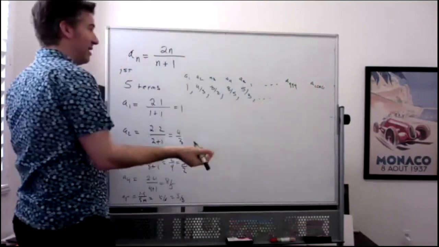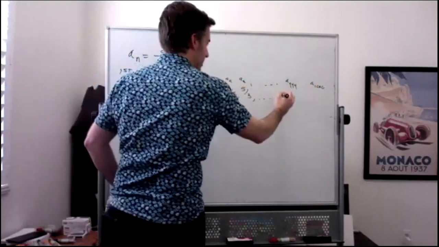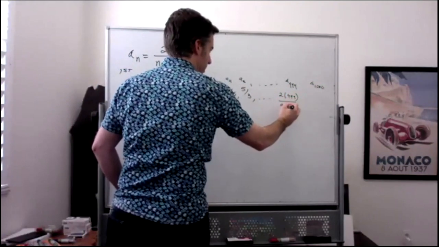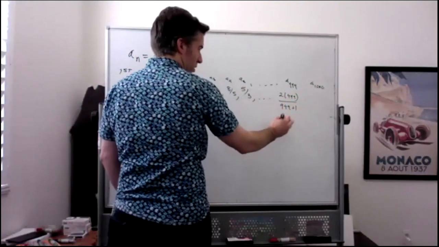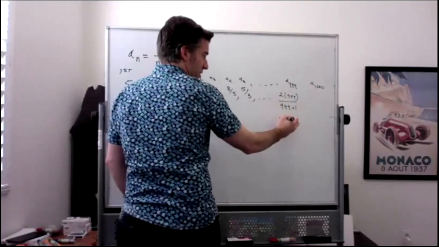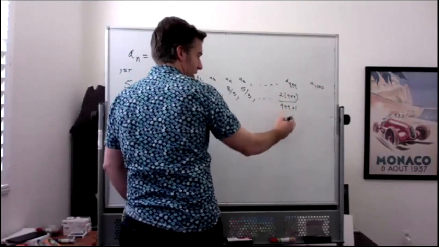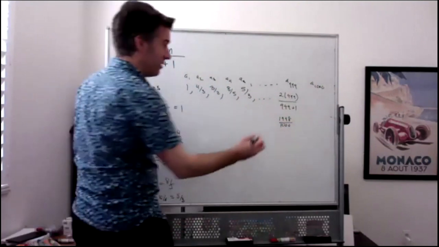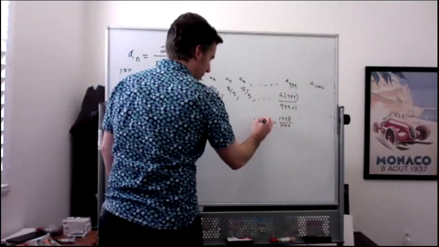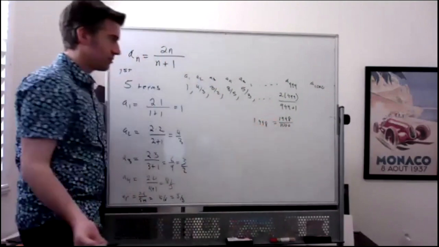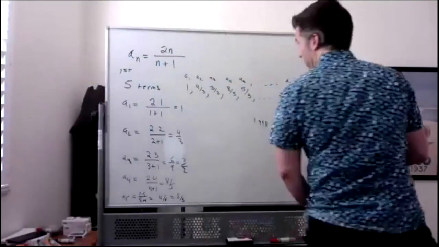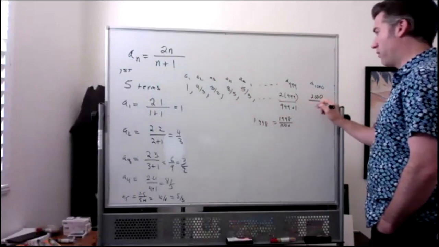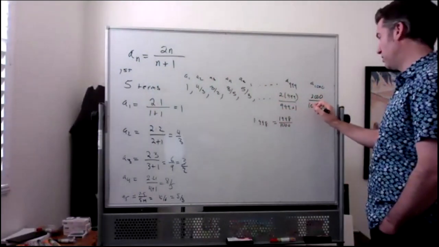So the 999th term is going to be 2 times 999 over 999 plus 1, which, 2 times 999 is 1,998, and that's over 1,000. And 1,998 divided by 1,000 is 1.998. And then for 1,000, we get 2 times 1,000, which is 2,000, over 1,000 plus 1, which is 1,001.